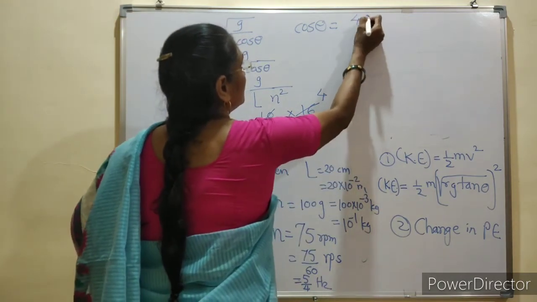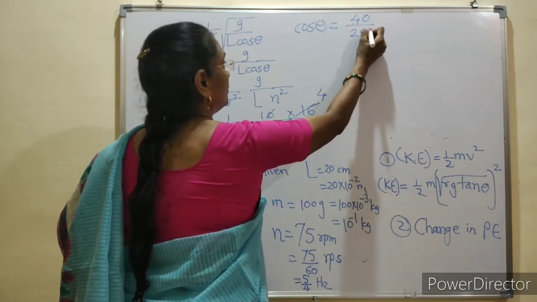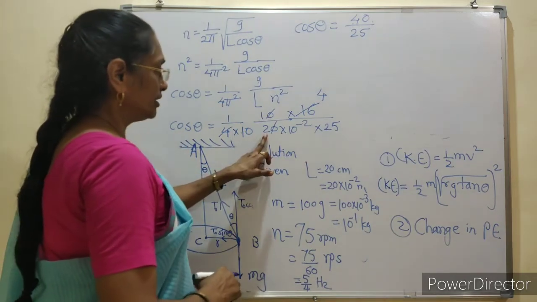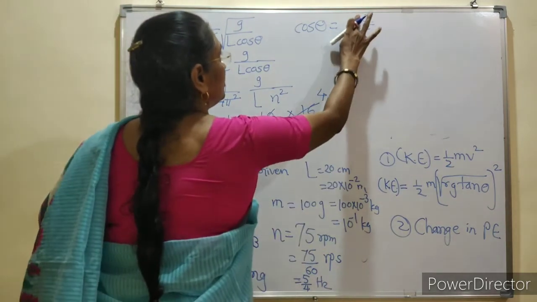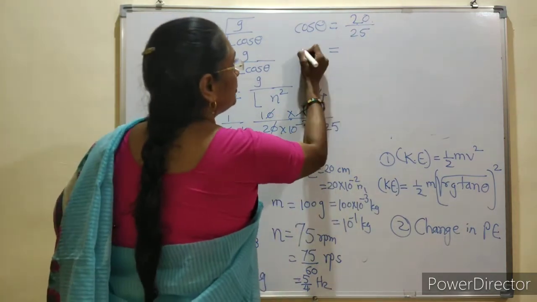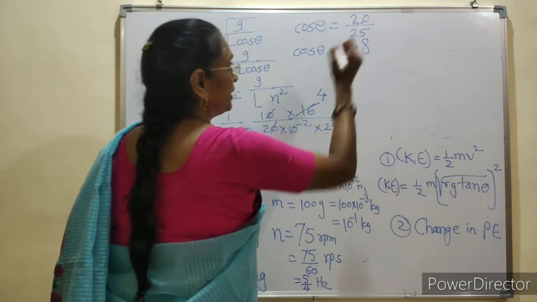It becomes 40 upon 25. And here again 2 is there, so it becomes 20 upon 25, and easily we can write cos theta is equal to 0.8.